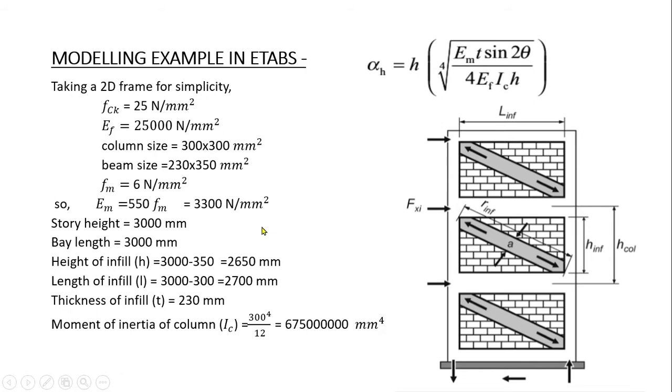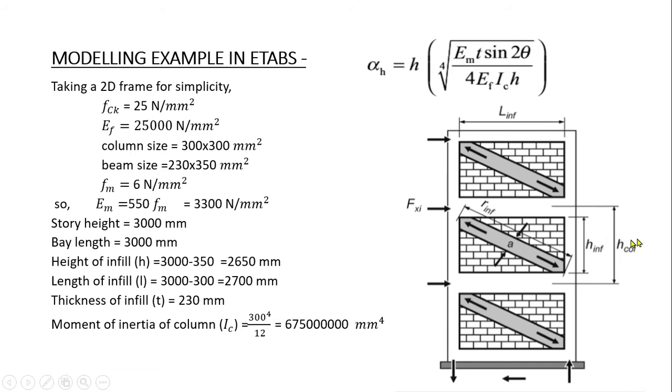We will assume story height 3000 mm and bay length equal to 3000 mm, and from our data we can easily find the height of infill, which is given by 3000 minus 350. Because we need h infill, we deduct the depth of the beam, 350, from the center line between the beams.